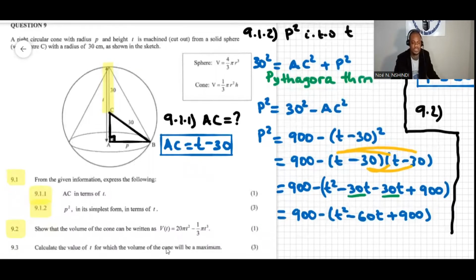Question 9.2 says, show that the volume of the cone can be written as V of t, because the function is of t, V of t equal to 20 pi t squared minus 1 over 3 pi t cubed.